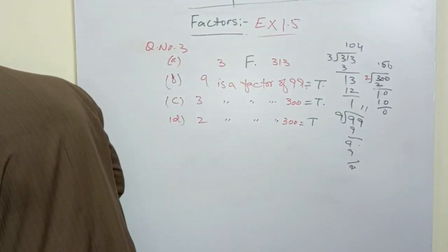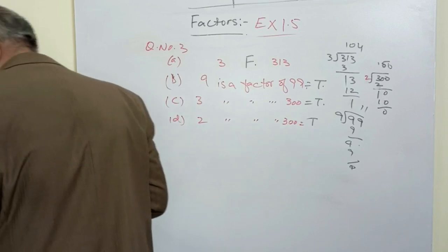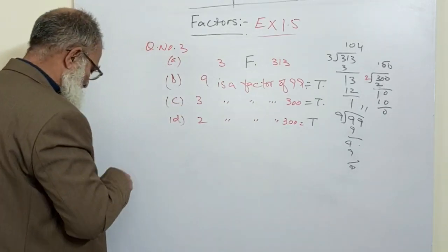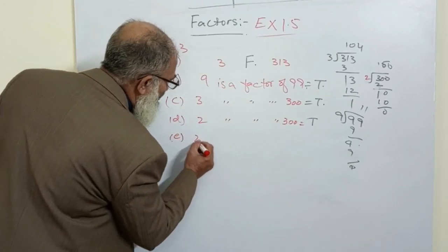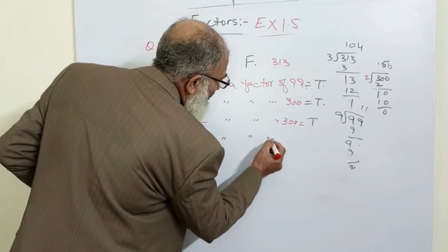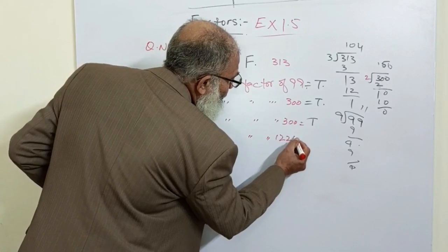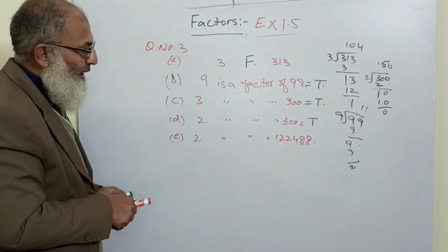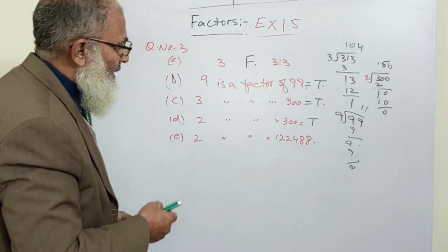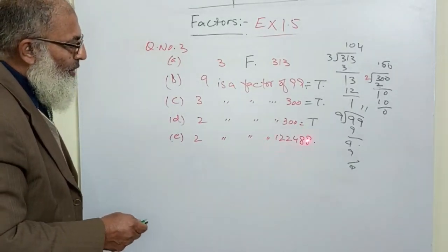2 is a factor of 1,2,2,4,8,8. Again, you see the number is too large.